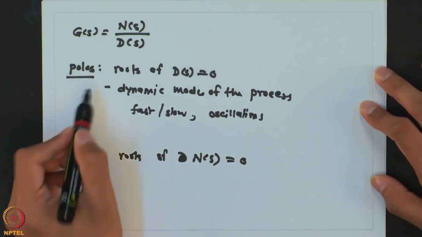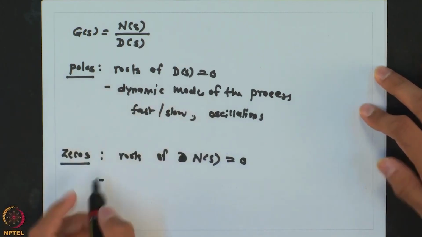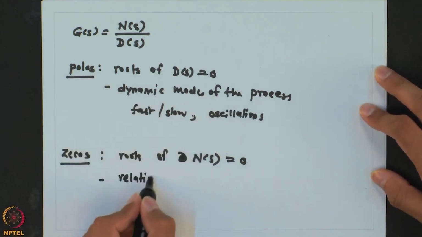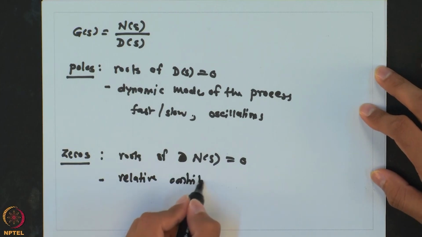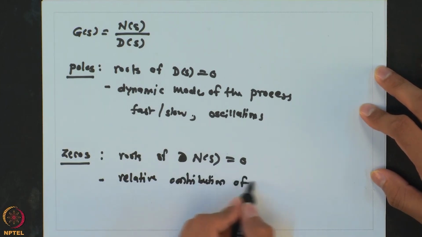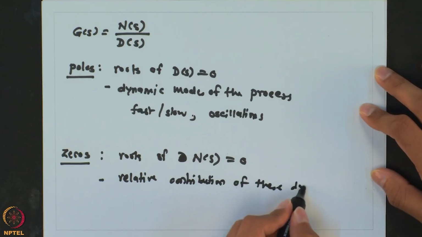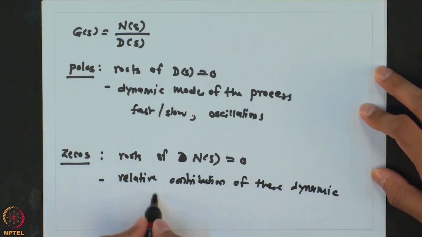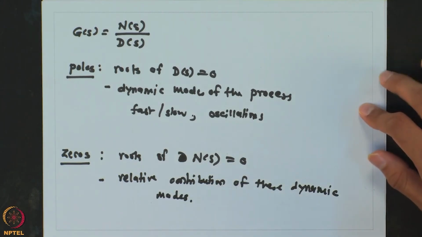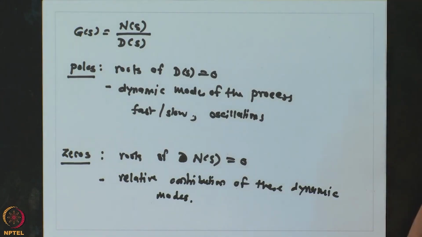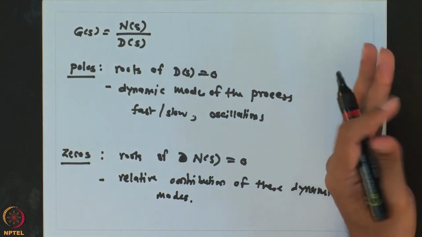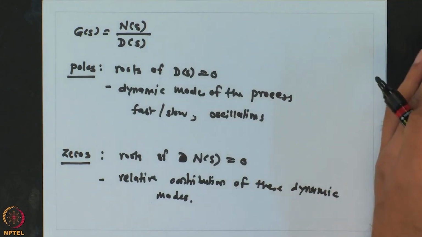Poles give you dynamic modes, zeros give you the relative contribution of these dynamic modes. Essentially it will tell you which of these dynamic modes are dominant, whether all the dynamic modes have the same contribution to output or some of them have opposing contribution. All that effect is compressed inside these zeros.